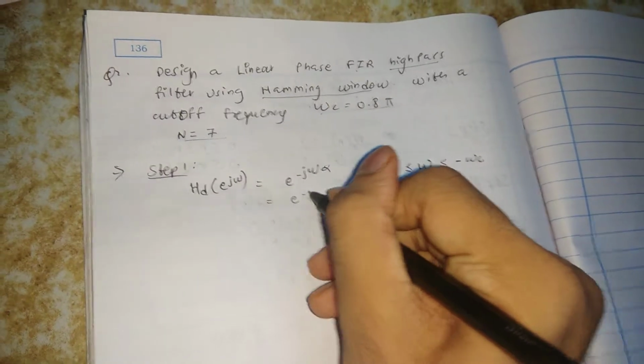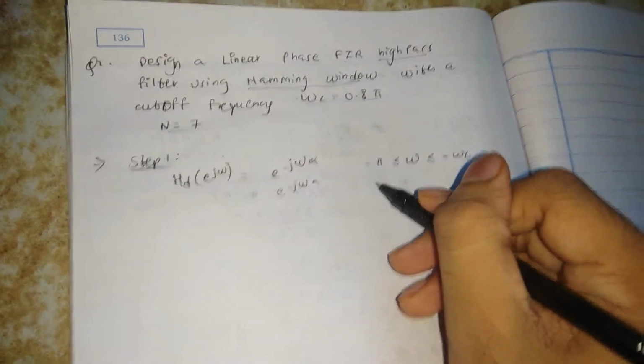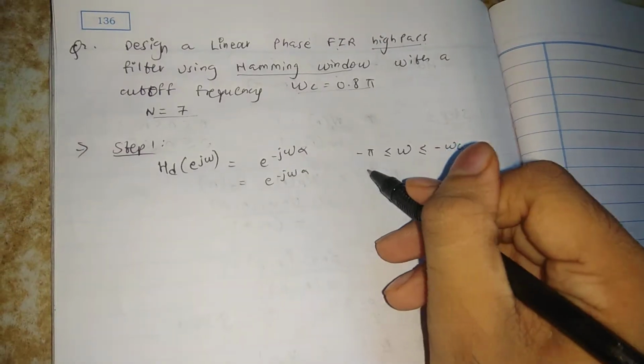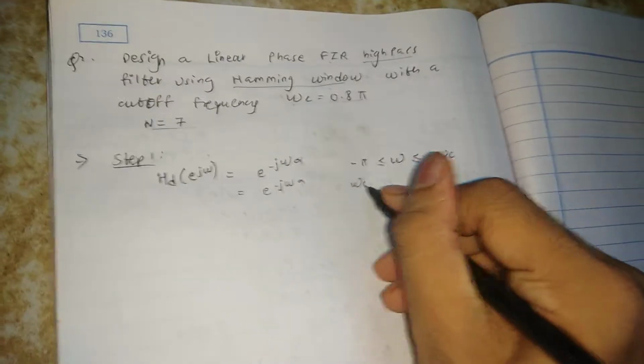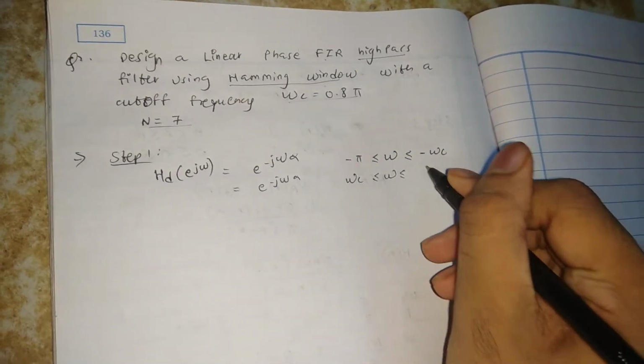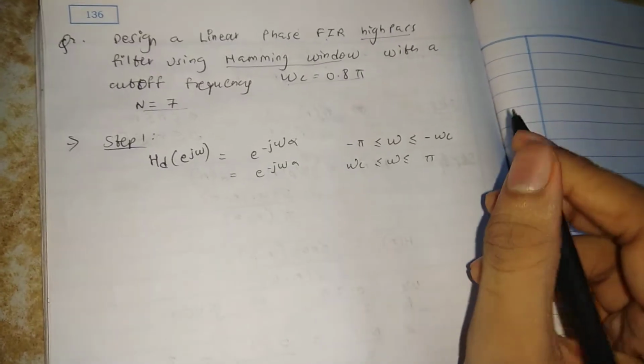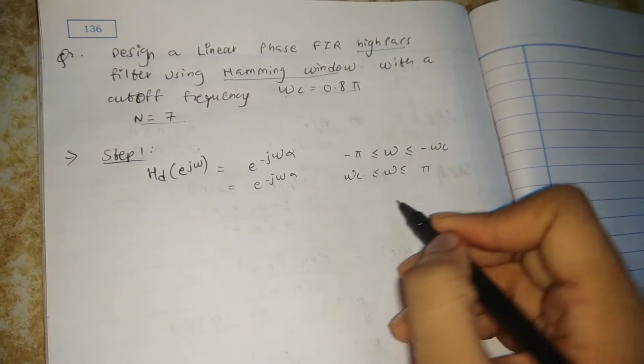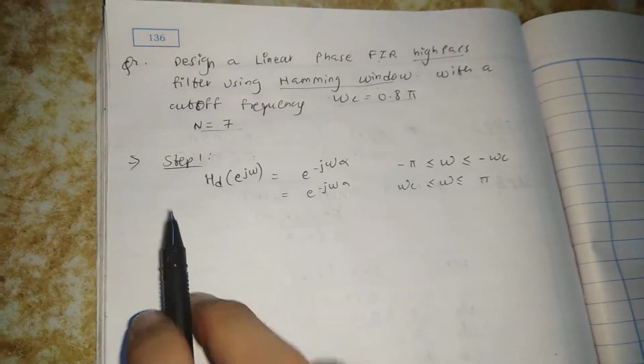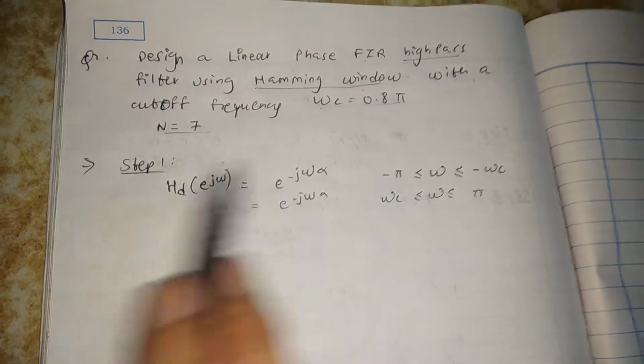And the second range is between omega c is less than omega is less than or equal to pi. So this is the range, this is the equation for the high pass filter.